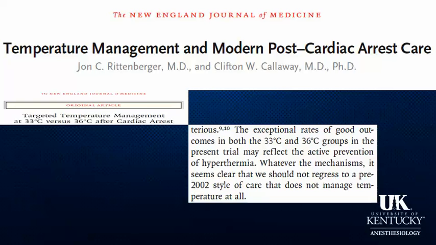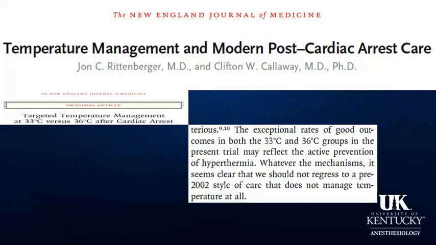I mention this not to dissuade you from using hypothermia, but only to bring to your attention that the thinking is that hypothermia may not be the explanation or the treatment that improves outcome.